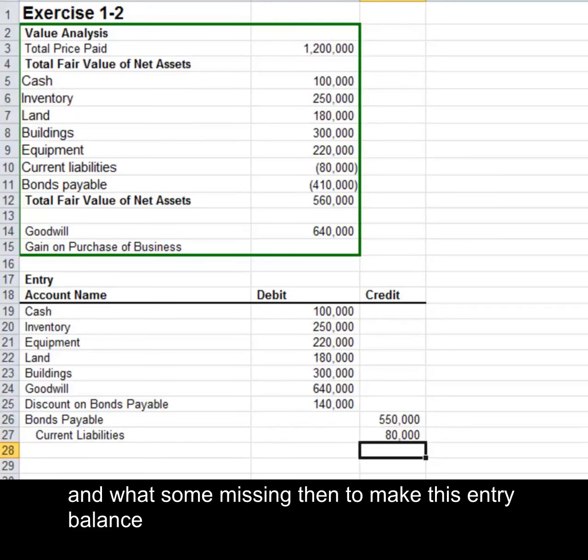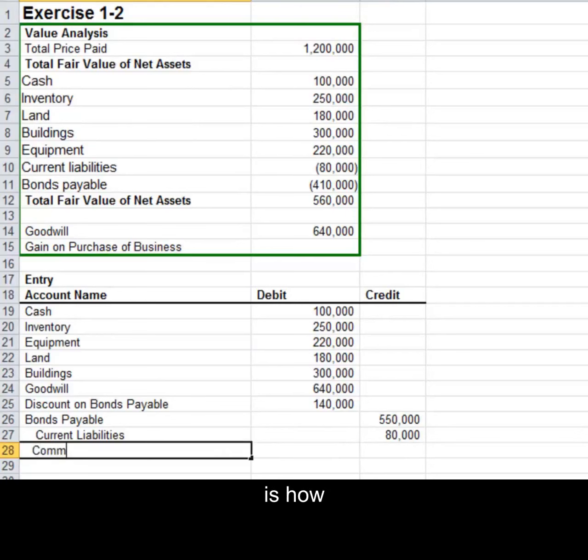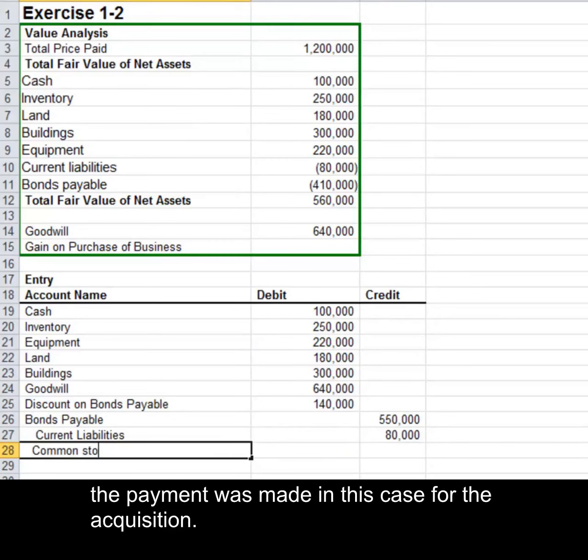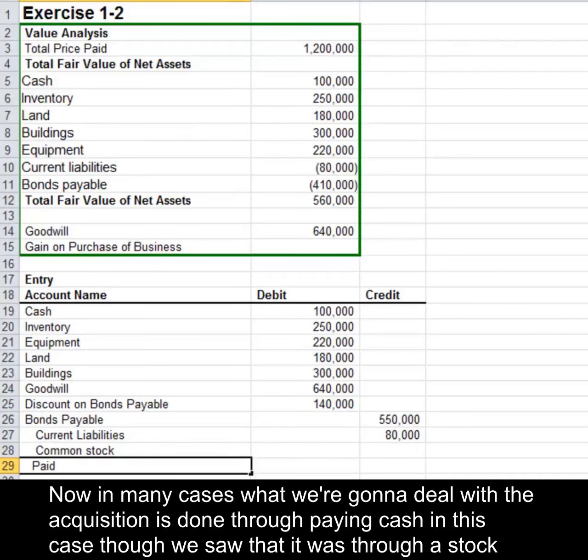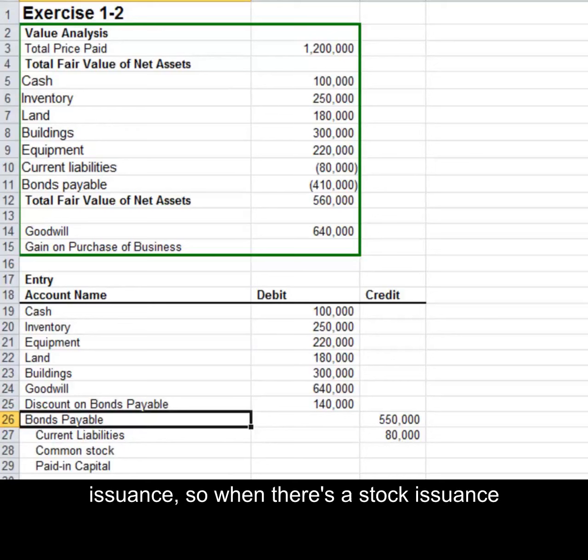And what's missing then to make this entry balance is how the payment was made, in this case, for the acquisition. Now, in many cases, what we're going to deal with, the acquisition is done through paying cash. In this case, though, we saw that it was through a stock issuance.